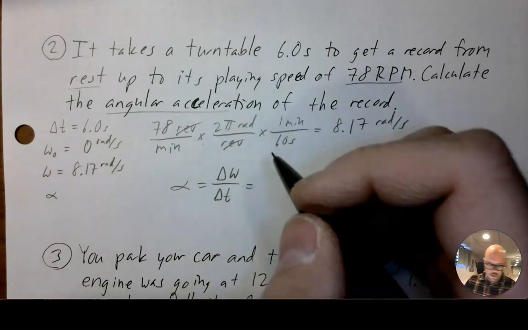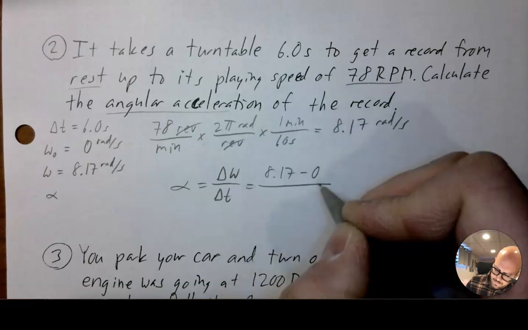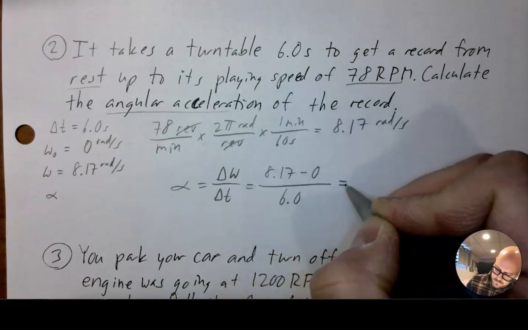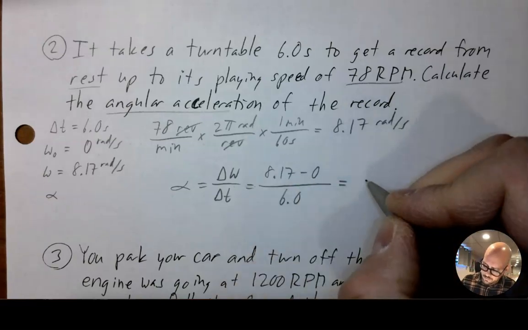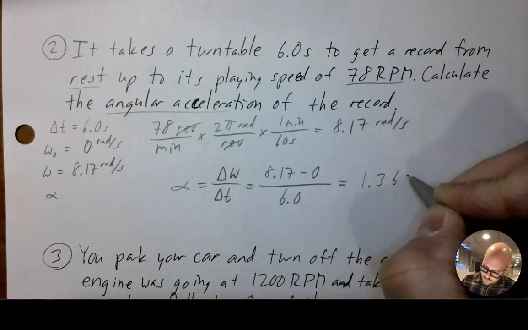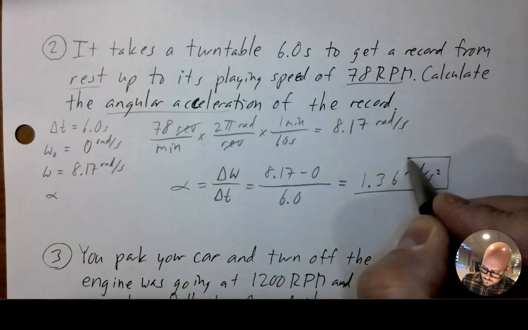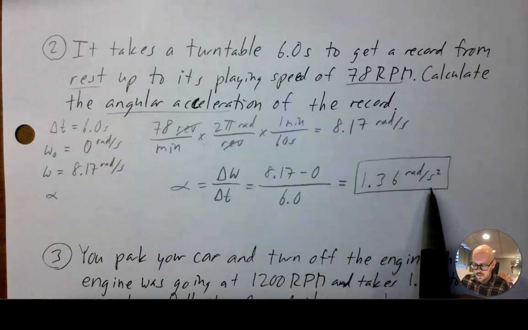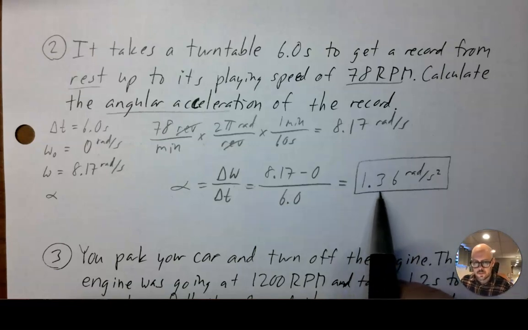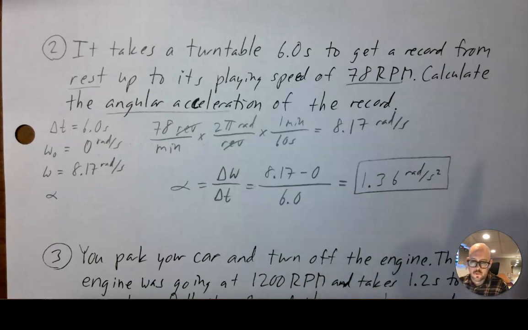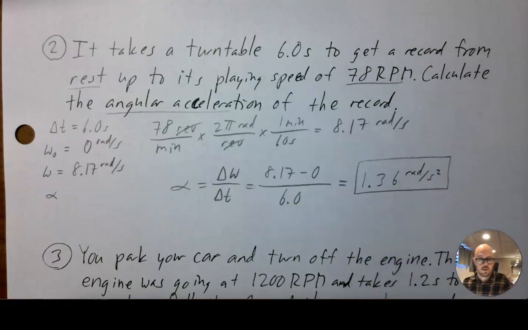The change in angular velocity is 8.17 minus 0, divided by 6. So final velocity minus initial divided by time, and I have an angular acceleration of 1.36 radians per second squared. And it's the same idea, right? After each second, the angular velocity of the record is 1.36 radians per second faster than the previous velocity.